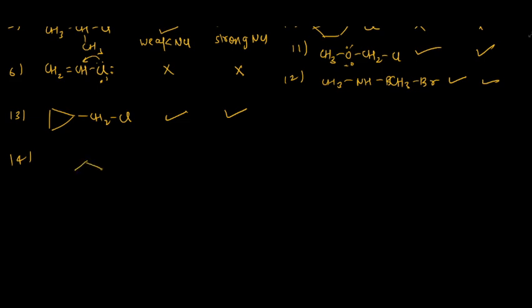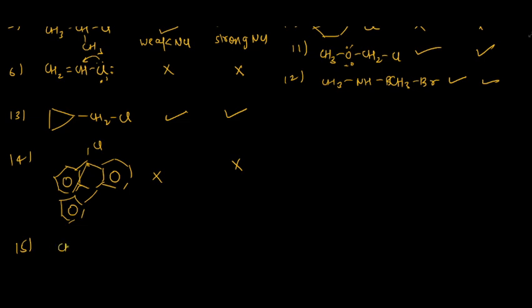This compound, chlorine. This compound will not show SN1 or SN2 because again the bridgehead carbocation is not possible, and inversion is also not possible.